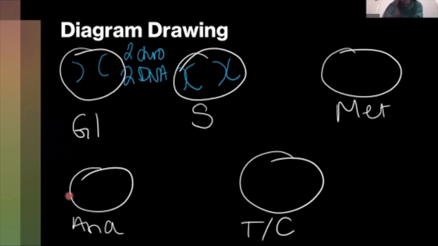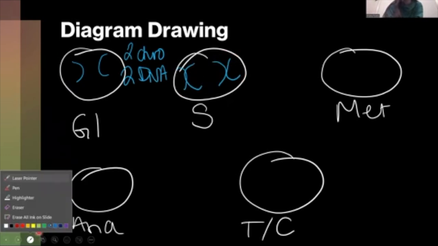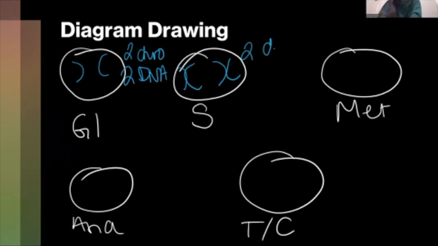So that's 2 chromosomes, but 1, 2, 3, 4 sticks. So that is 4 DNA molecules. So we said 2 chromosomes because there's still 2 centromeres, and 4 DNA molecules.